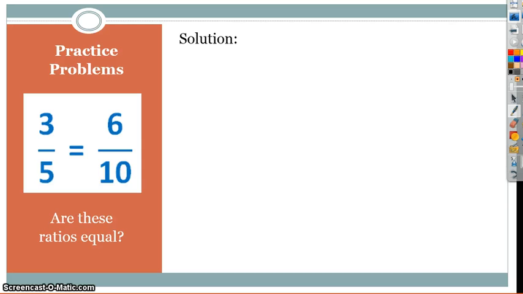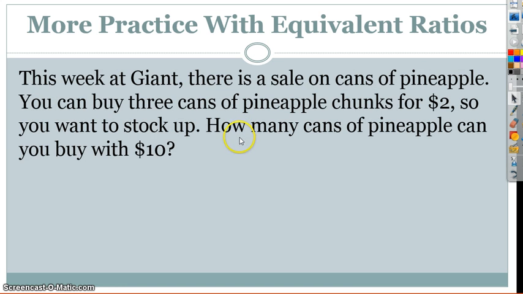Now let's look at a real-world situation dealing with ratios. For this real-world situation, you are at Giant at the grocery store, and there's a sale on cans of pineapple. You can buy 3 cans of pineapple chunks for $2. Stock up. How many cans of pineapple can you buy for $10?